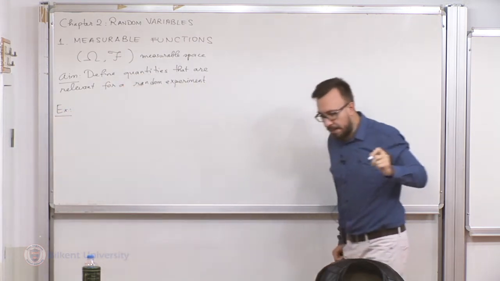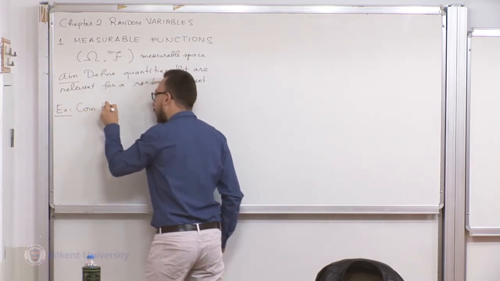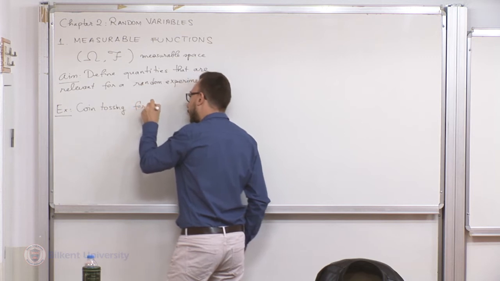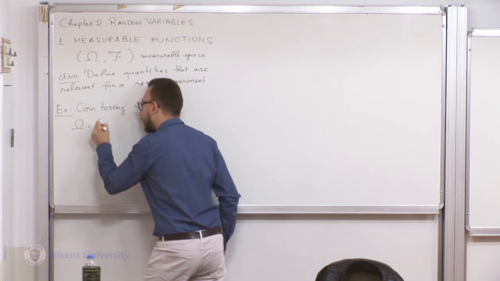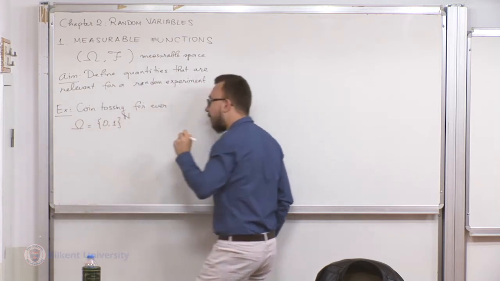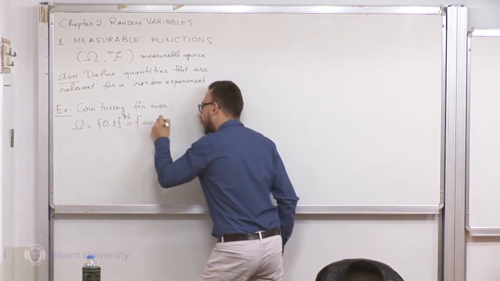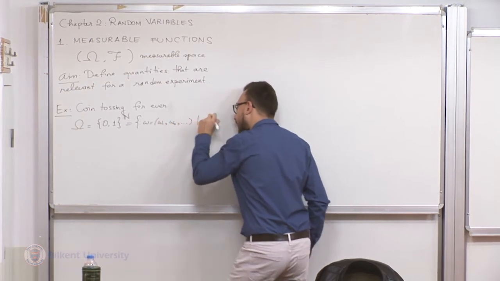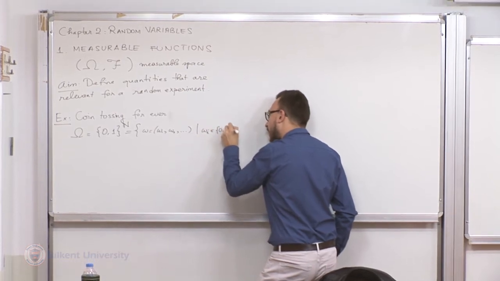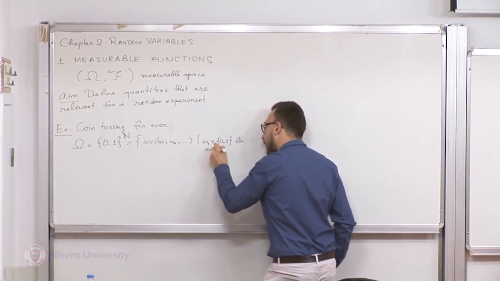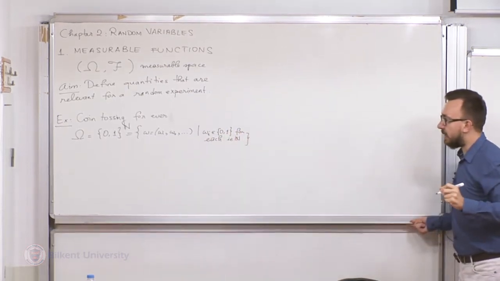Okay, so let me recall this example of coin tossing infinitely many times, okay? So coin tossing forever, where we had this {0,1}^N, meaning the set of sequences of 0, 1s. So every outcome is a sequence such that every component, every member is either 0 or 1, 0 for tails, 1 for heads.